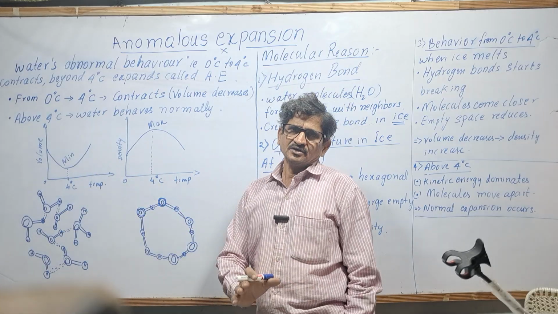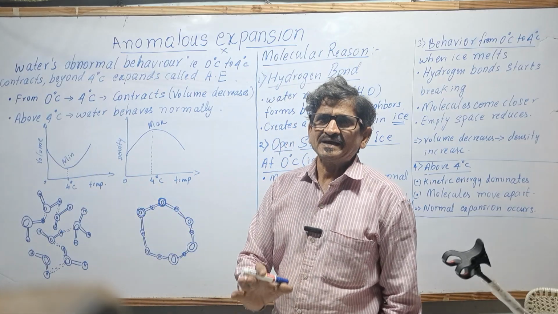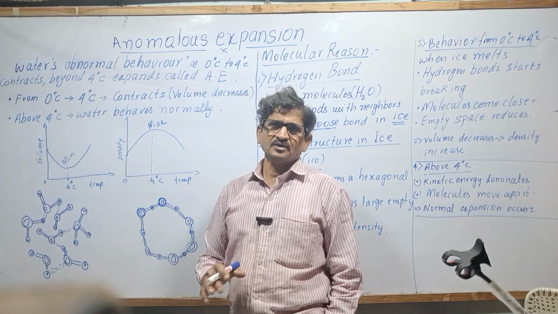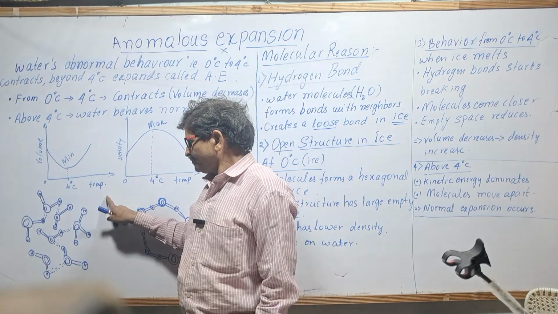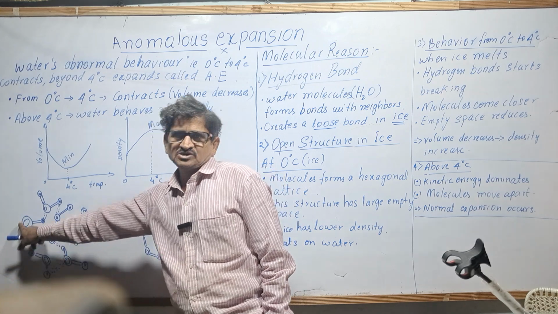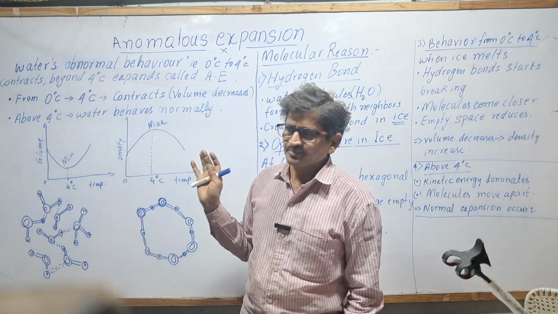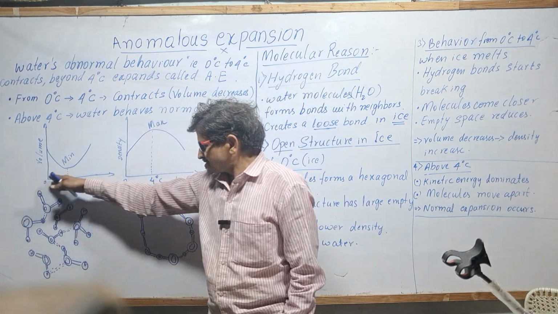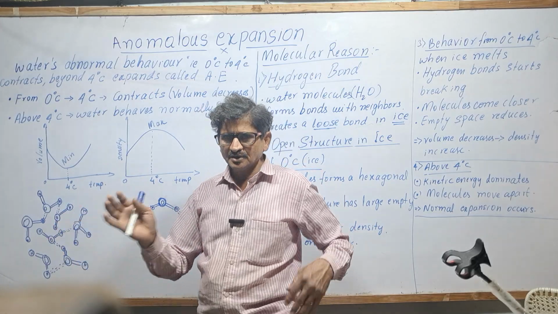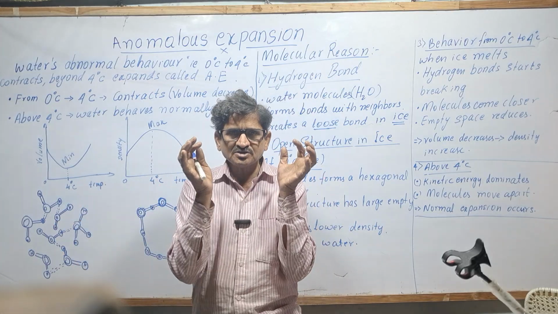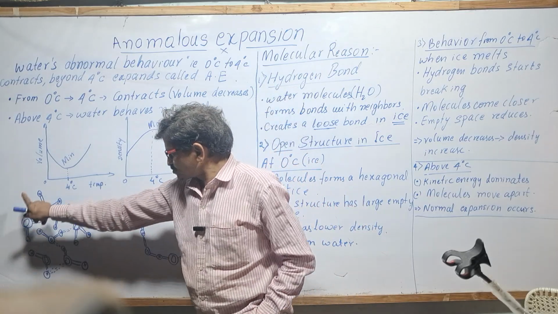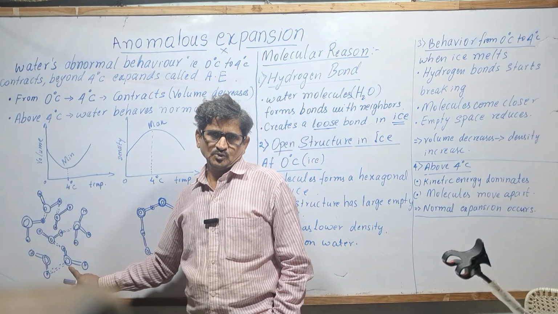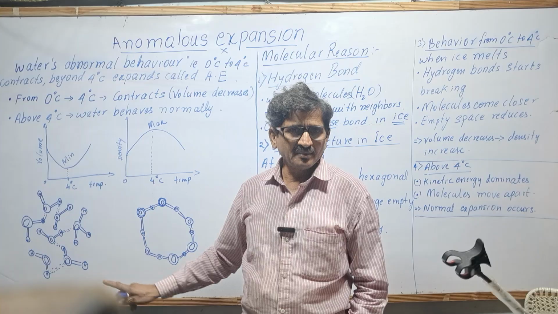Generally in water, the bond formation is hydrogen bond. In liquid form, the structure is like this, which means it is loosely bonded. The structure is random, with no particular definite structure.